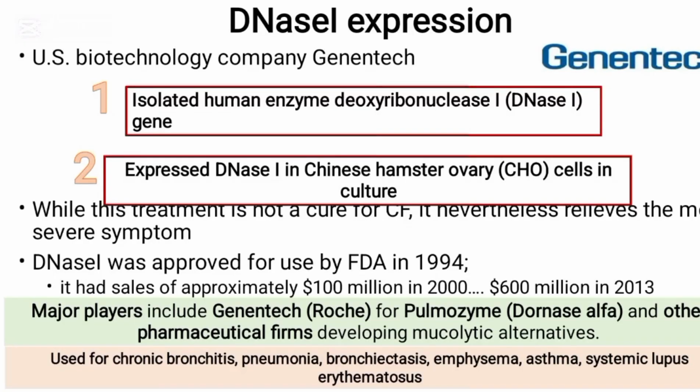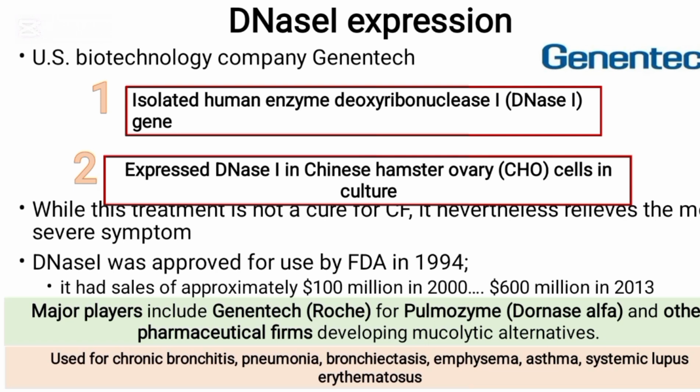So this DNase-1 was first marketed by the US biotechnology company Genentech, and what they did was isolate the human enzyme deoxyribonuclease 1, and then they expressed this DNase-1 in Chinese hamster ovary cells in culture.